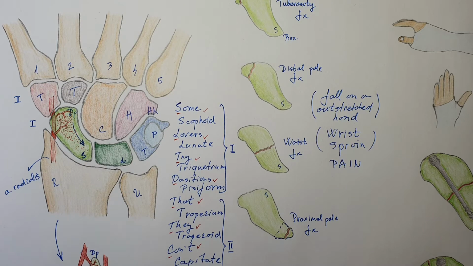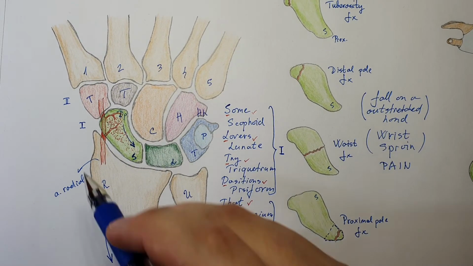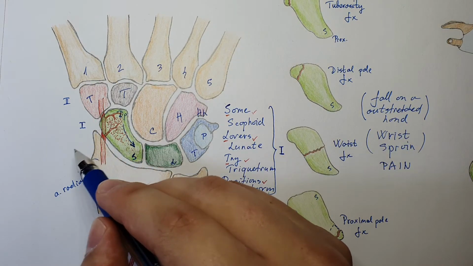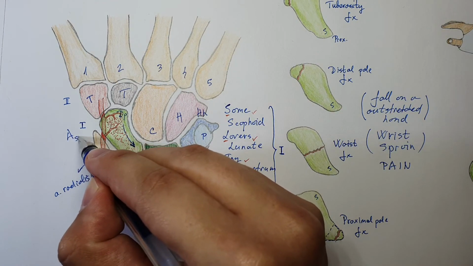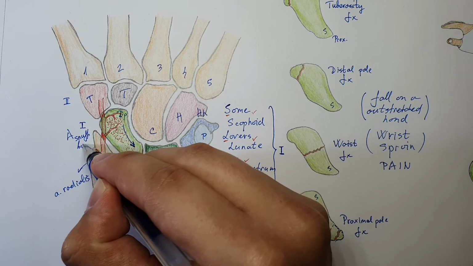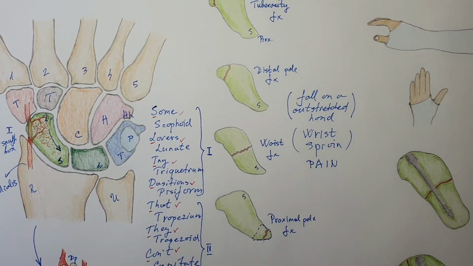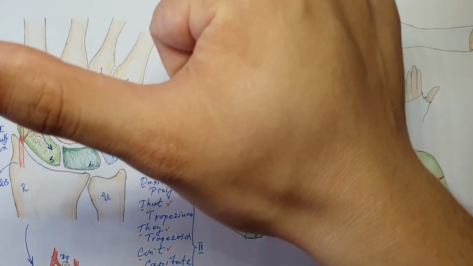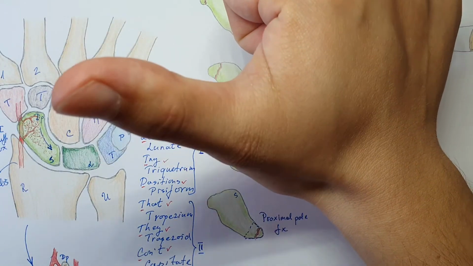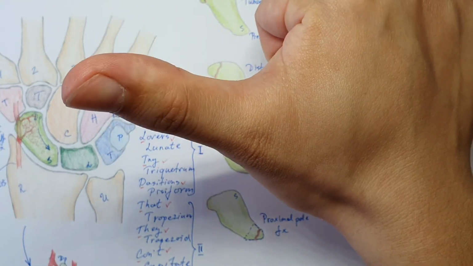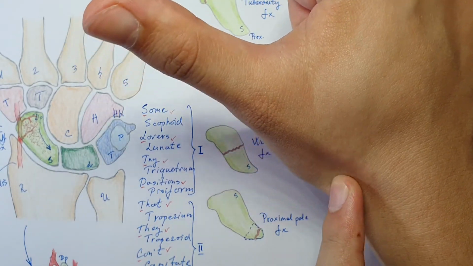So this part of our body here is called the anatomical snuff box. If I show it on my hand, it is located here. So if you tell your patient to do a stop sign, this would be the anatomical snuff box.